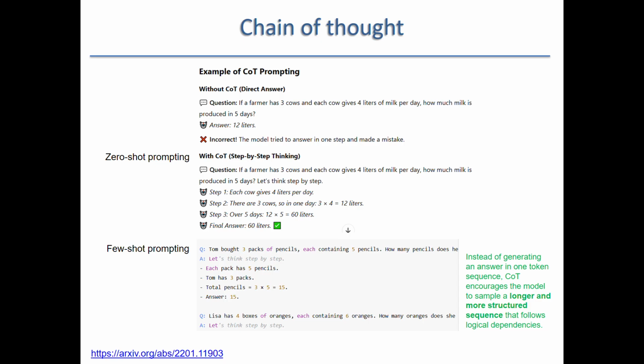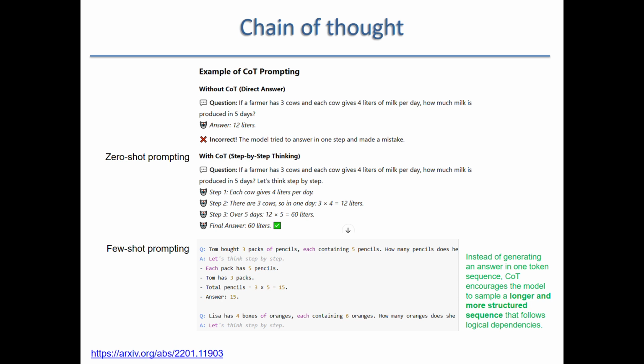Step two, there are 3 cows, so in one day there is 3 times 4 liters, 12 liters per day. And then in step 3, over 5 days, we have 12 times 5, that is 60 liters. Okay, so zero shot prompting is producing step-by-step thinking.